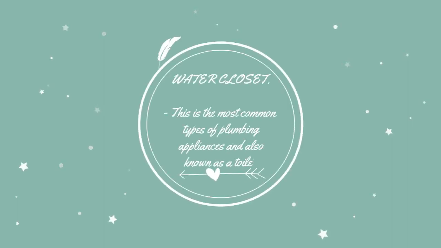Let me explain what a water closet is. This is the most common type of plumbing appliance and is also known as a toilet. Water closets are usually subdivided according to where they are mounted, floor mount and wall mount, and how they are flushed, tank type and flush valve type.